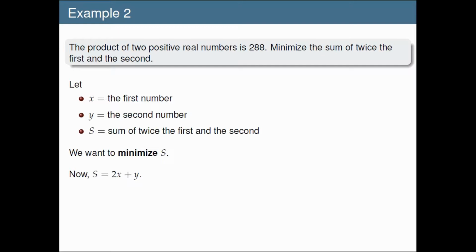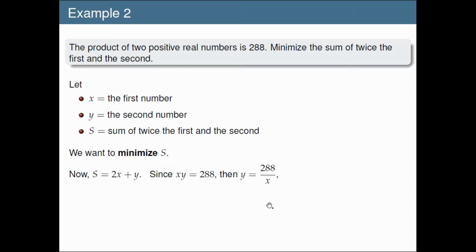We now express s in terms of x. So we express y in terms of x. Since the product of the two numbers must be 288, xy must be 288. So that y equals 288 over x.